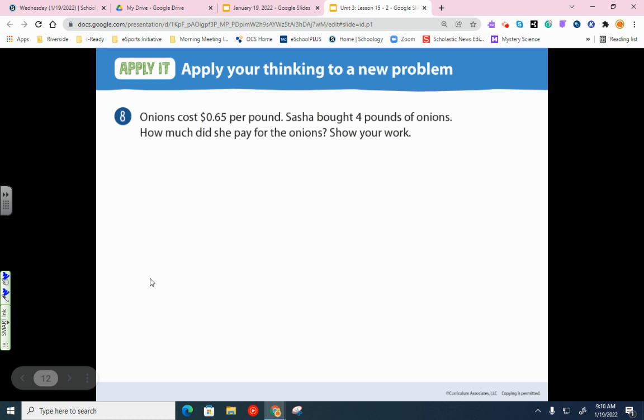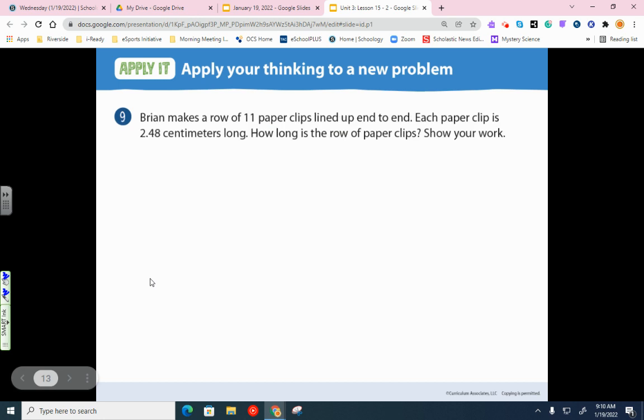Let's look at this next problem. Brian makes a row of 11 paper clips lined up end to end. Each paper clip is 2.48 centimeters long. How long is this row of paper clips? Let's do it this way. 2.48 times 11.